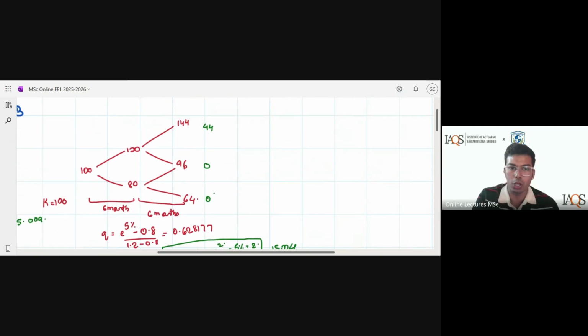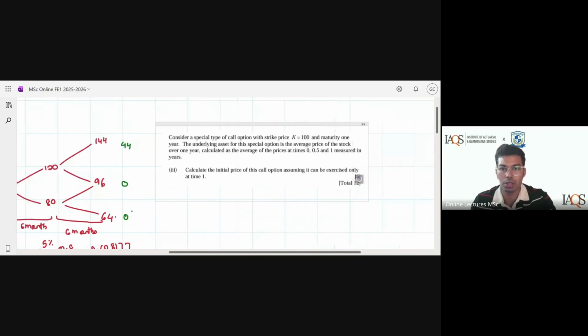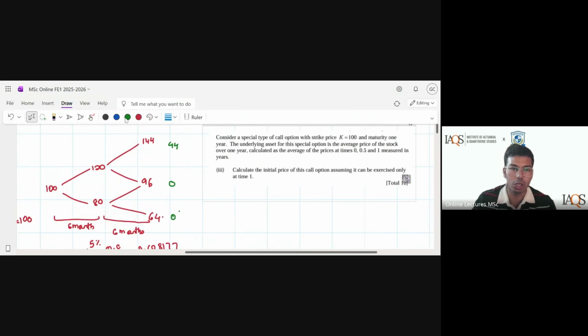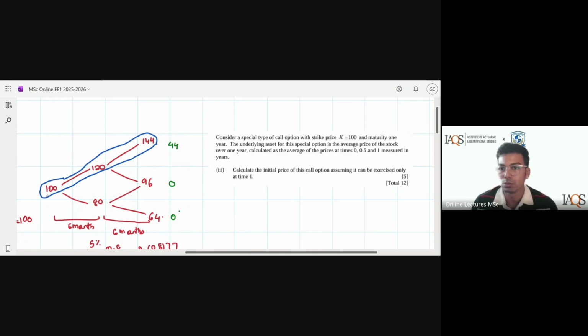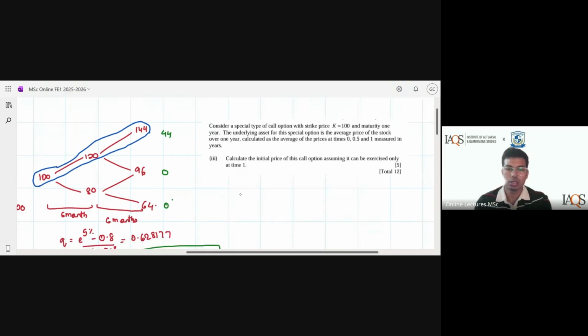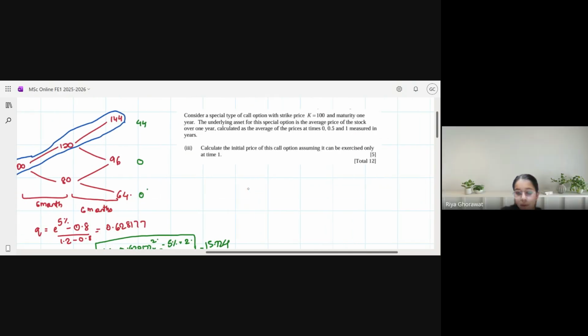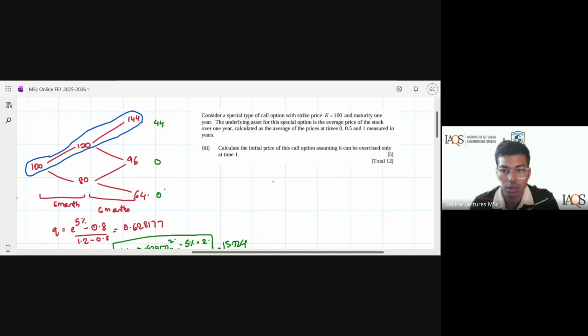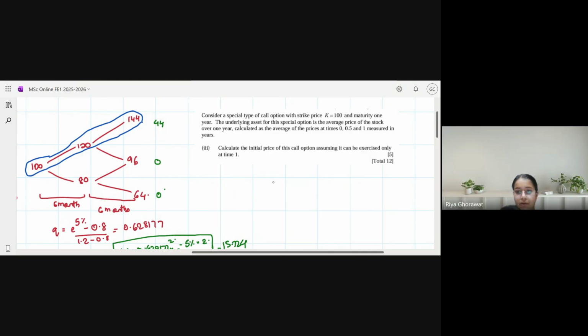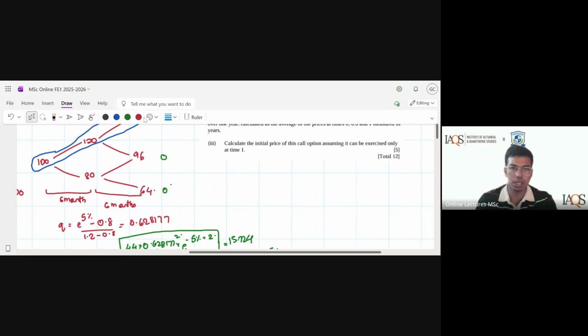Perfect. If you are taking all three up moves, that means the path that I followed is this. So you take the average of 100, 120 and 144. So the payoff is 21.33. That's correct.